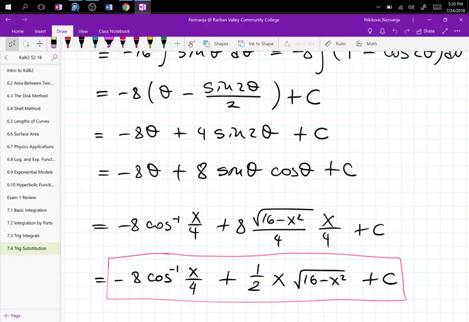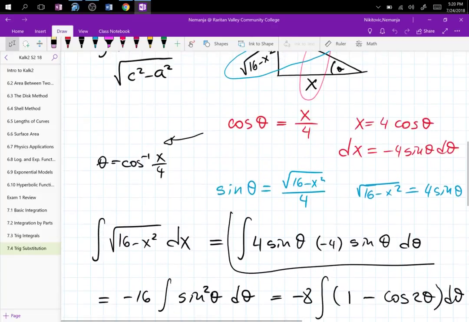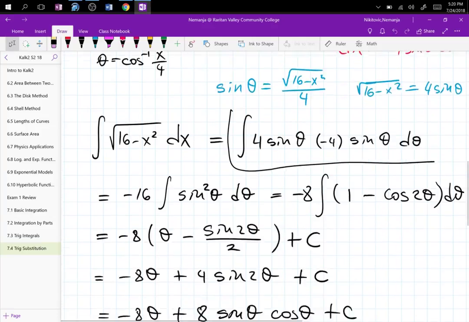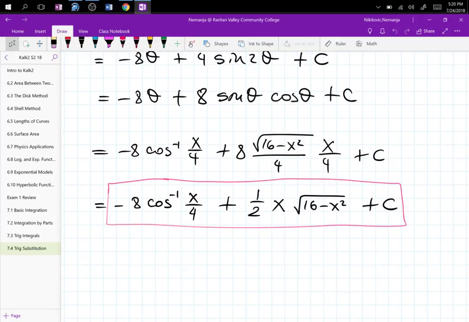And then over here, sine theta, well, that's our blue equation. You see the whole thing, sine theta, like a block, is replaced by the square root. And then cosine theta is x over 4. And then plus c, you do a little bit more algebra, and you are good to go. The problem is solved.